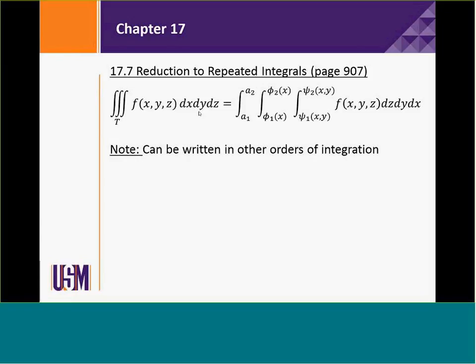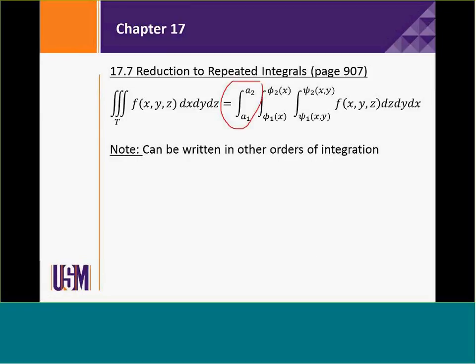Remember, the important point is when it is not constant, you must make sure that the last one, when you do the integration, the outer limit must be constant. The inside functions are okay, but the outer one must be constant.